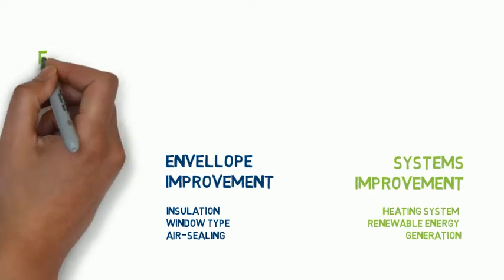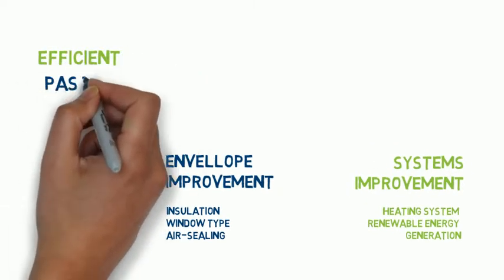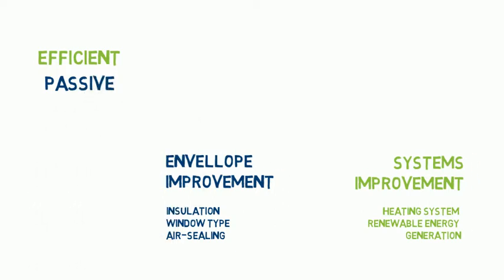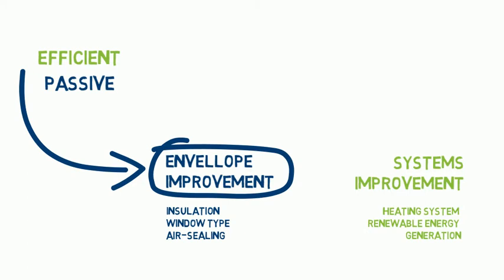The 2 preloaded levels of Efficient and Passive House adopt principally the envelope improvement approach for you to test your design. We would expect most dwelling designs to achieve compliance with the Efficient level, with Passive House proving a third alternative if required in exceptional circumstances.